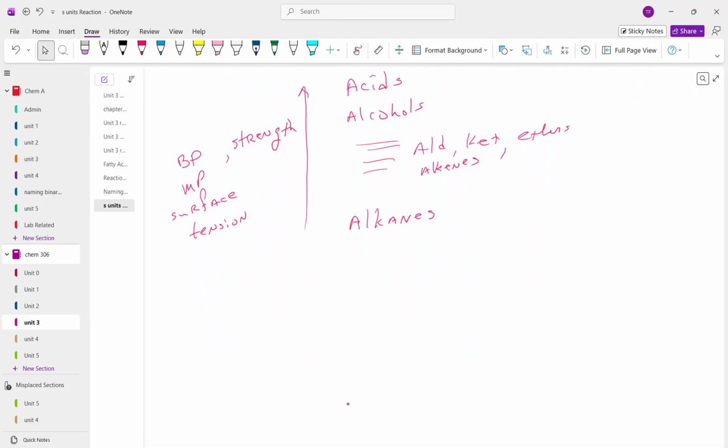Okay, also, we've got the nomenclature. So biochemists use the delta.